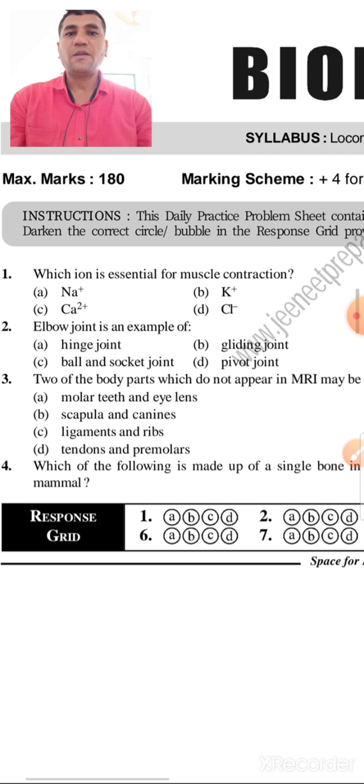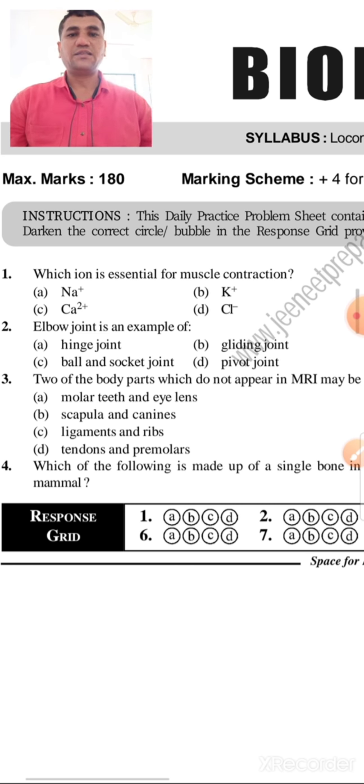Already we know that Ca2 plus ions, that is calcium ions, are essential for muscle contraction, and they are released from the sarcoplasm. As a result of their coming out from the sarcoplasm, muscle contraction and expansion take place.